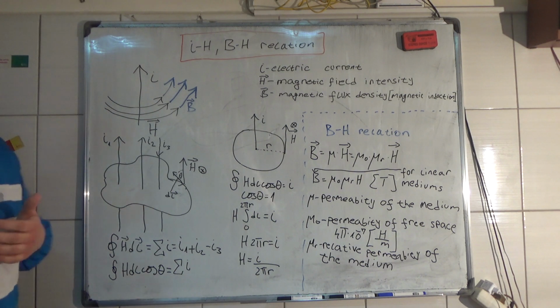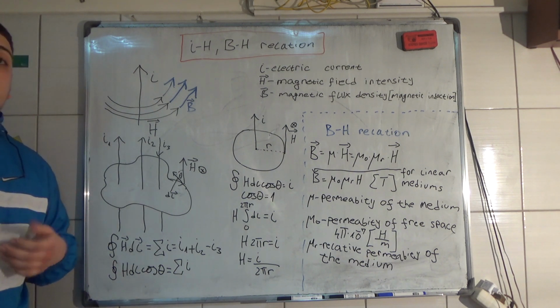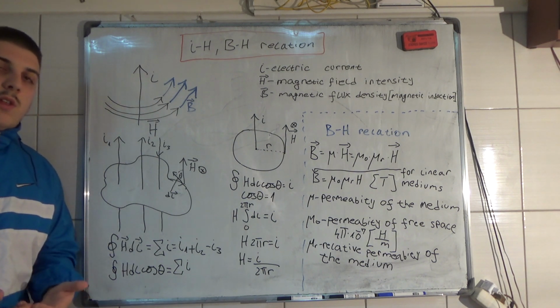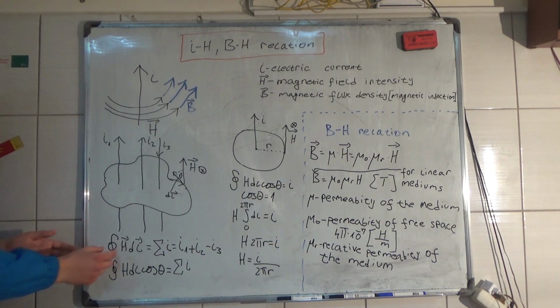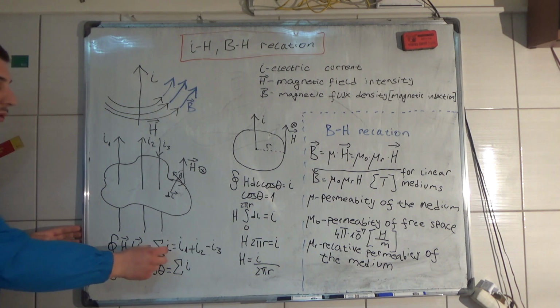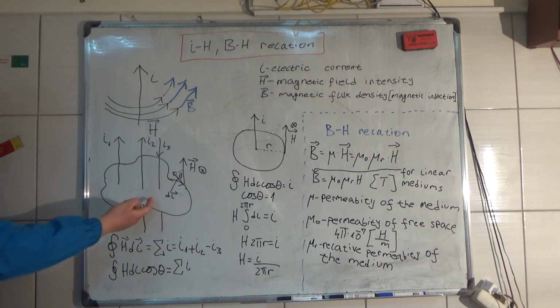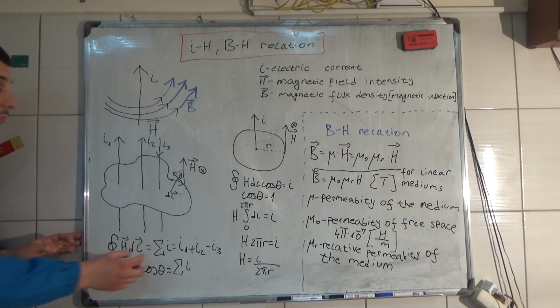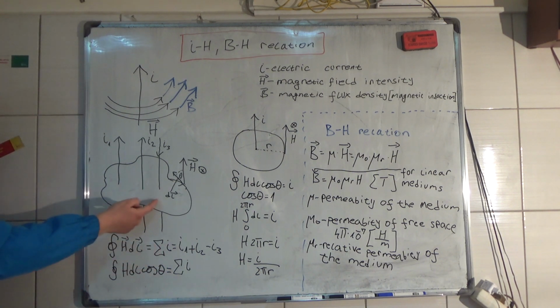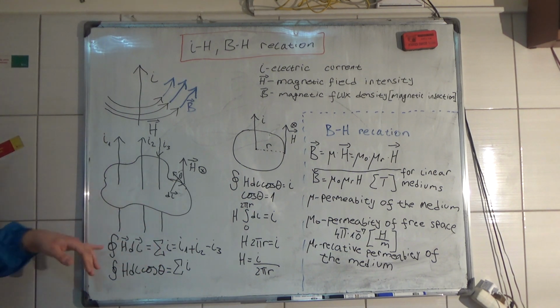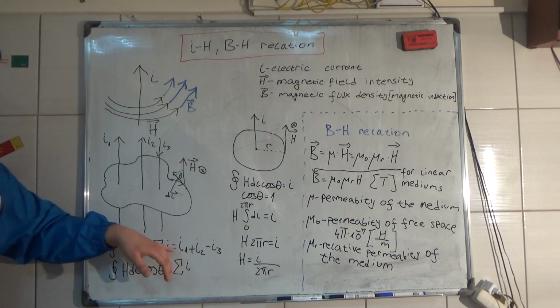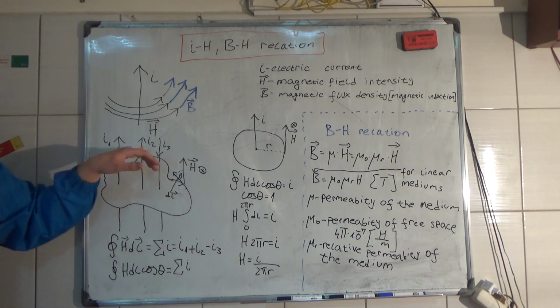We can do it with Ampere's circuit law, which says that the closed loop integral of H dot dl is equal to the sum of all the currents that go through that closed loop. And in this particular example, it is equal to I1 plus I2 minus I3.